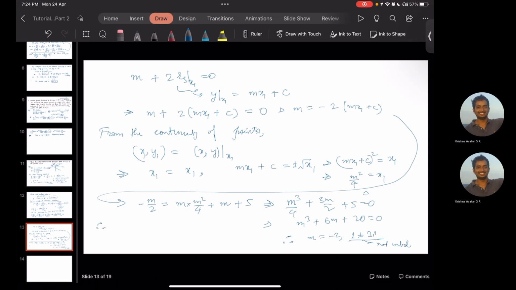Therefore, all we have is m is equal to minus 2, and c is equal to m plus 5, equal to 3.